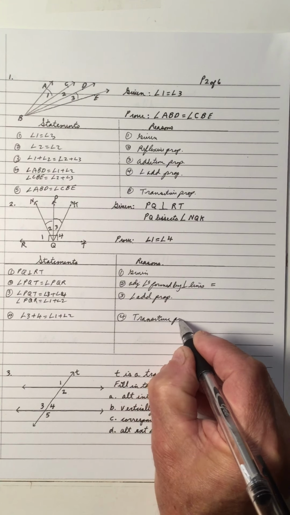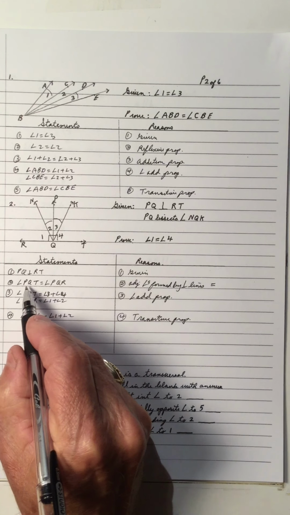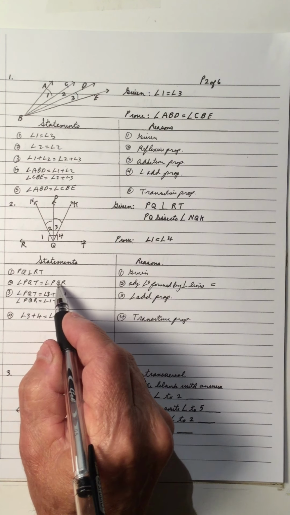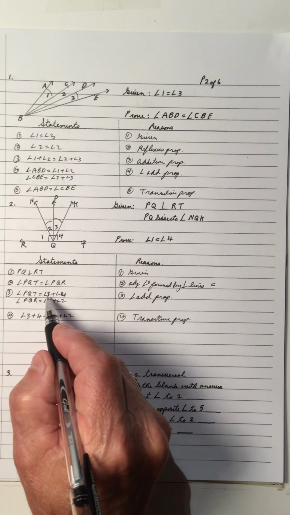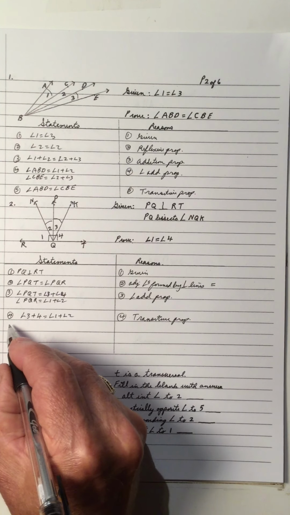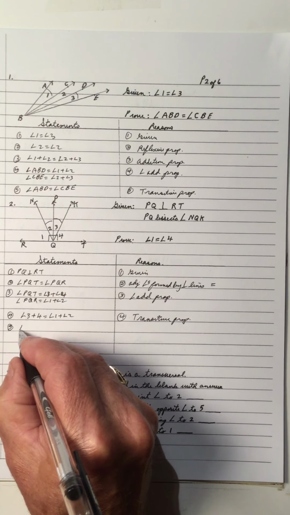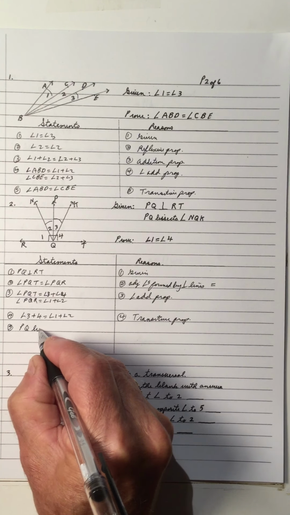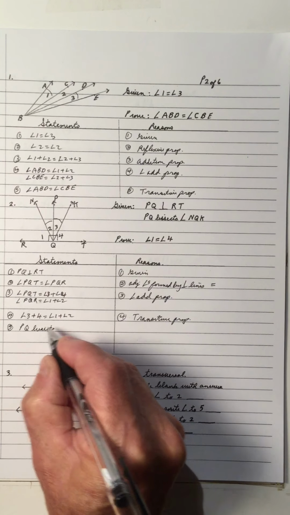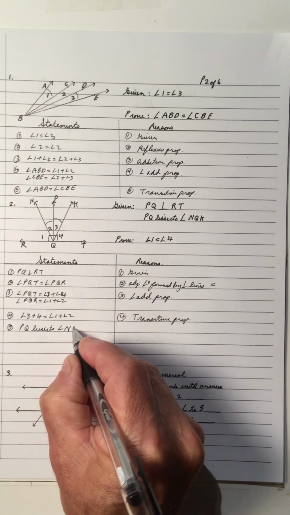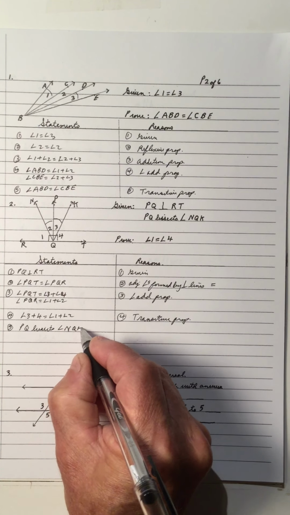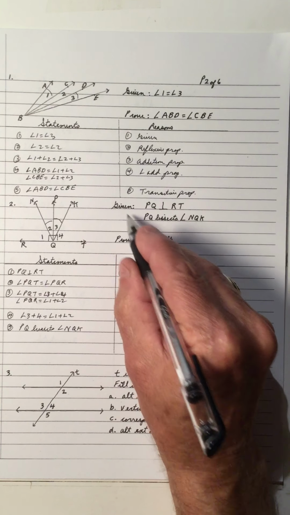Again, just to remind you, PQT equals PQR, there they are right here, so that means 3 plus 4 equals 1 plus 2, and well, PQ bisects angle NQK, that's a given.